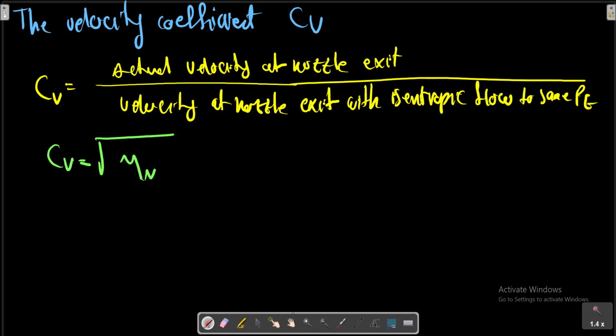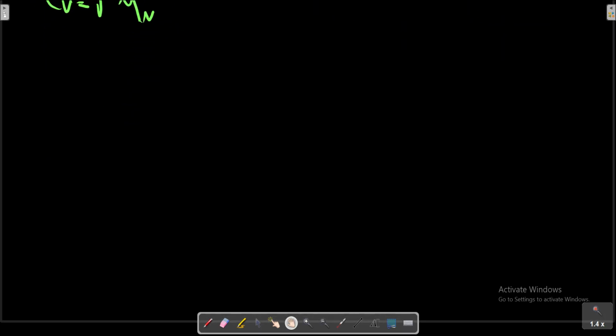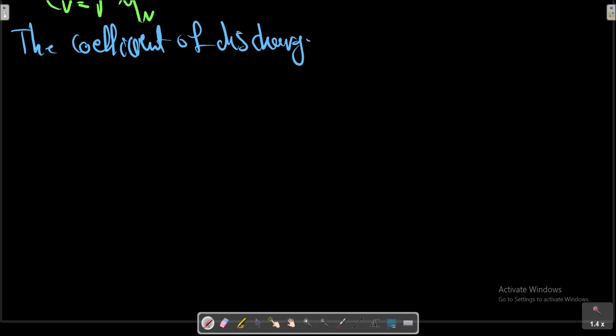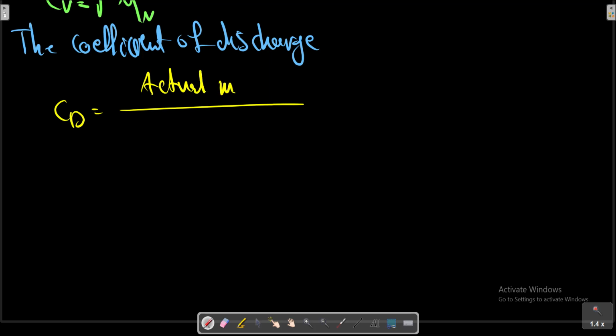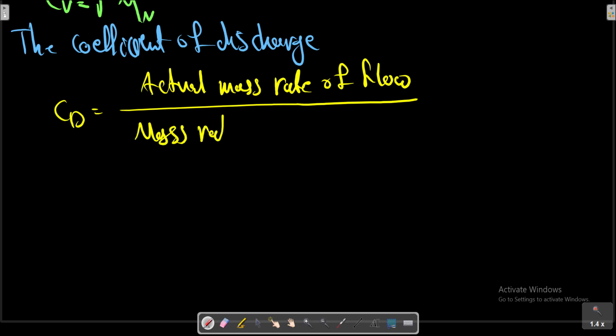The coefficient of discharge, CD, is the actual mass rate of flow divided by the mass rate of flow with isentropic flow.